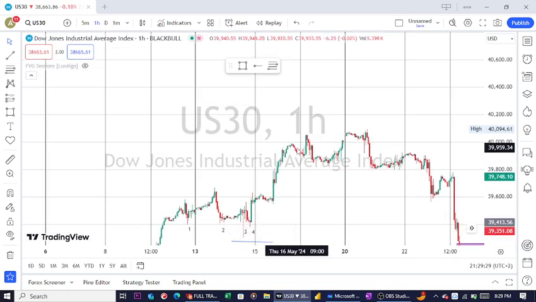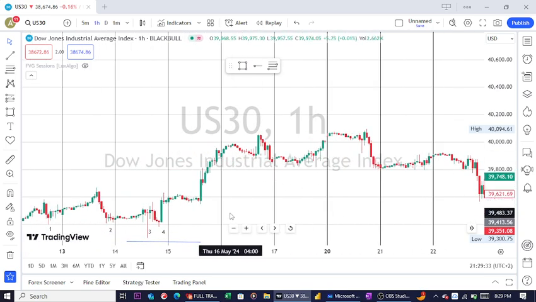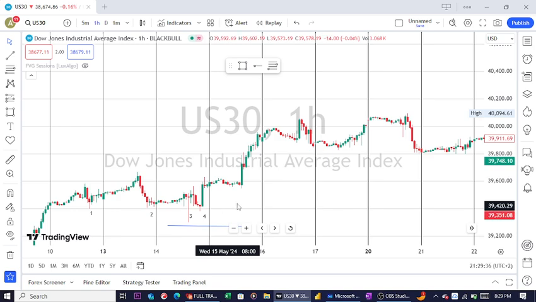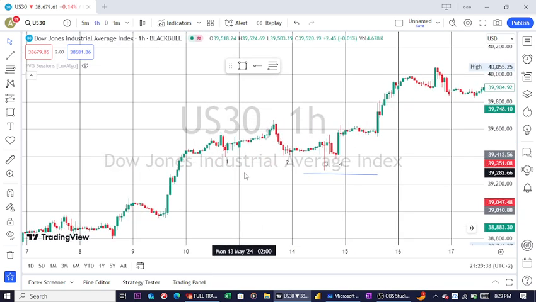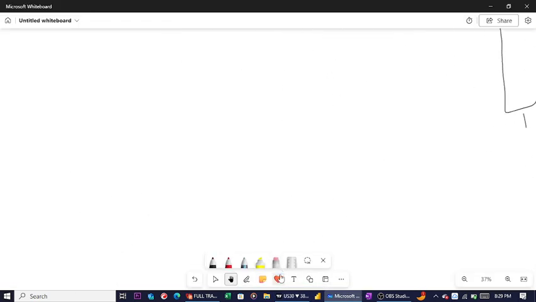Okay, this is what a breakout block looks like. I can see it. Okay, let me draw it here. This is what a breakout block looks like.